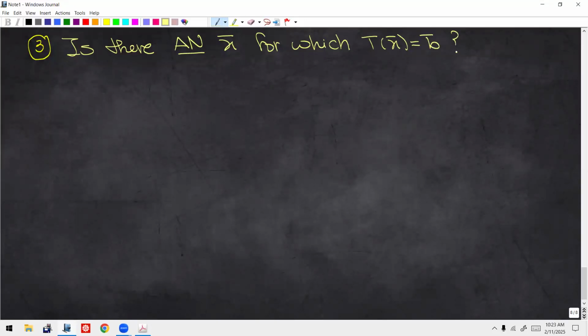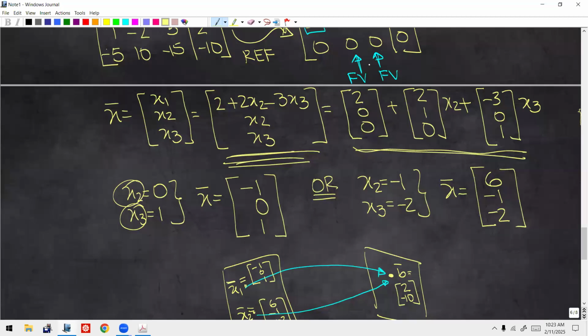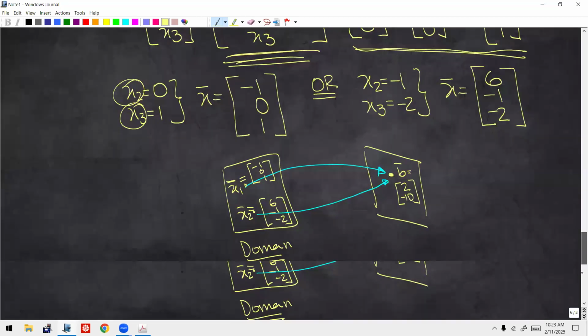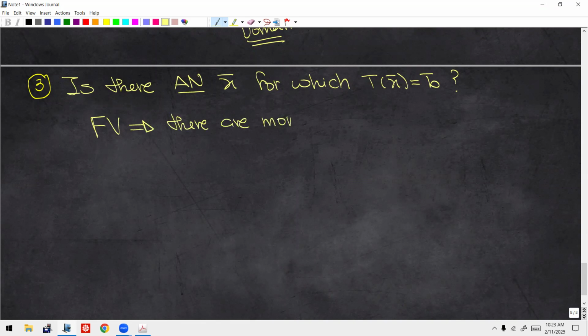Okay, they've asked us that. Well, it's the same b. What did we find? Because we found free variables, did we find one x or did we find infinite x's? So we found infinite x's. So because we had free variables, this implies there are more than one x.